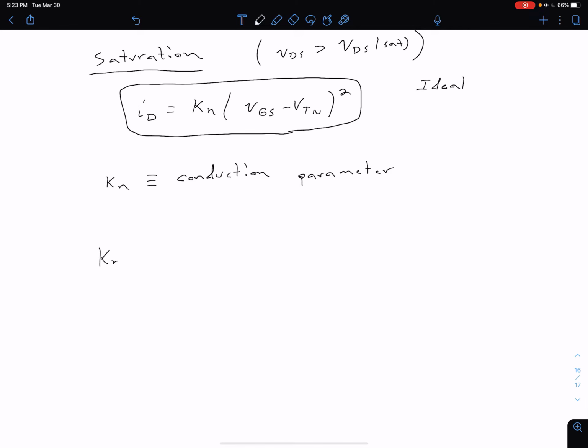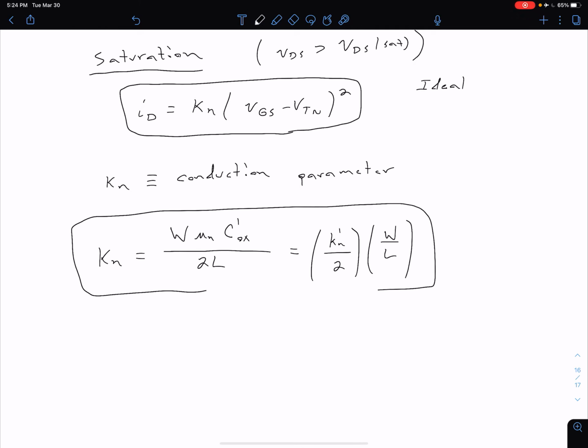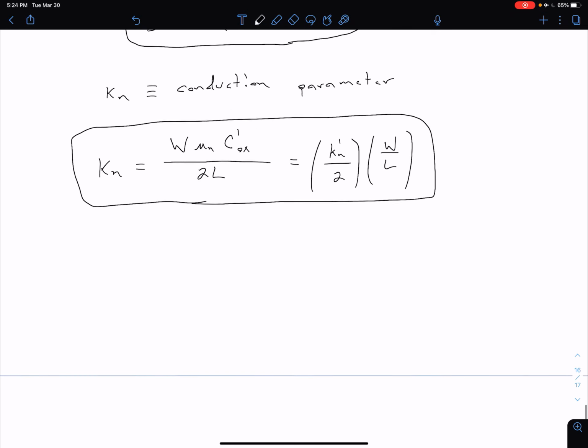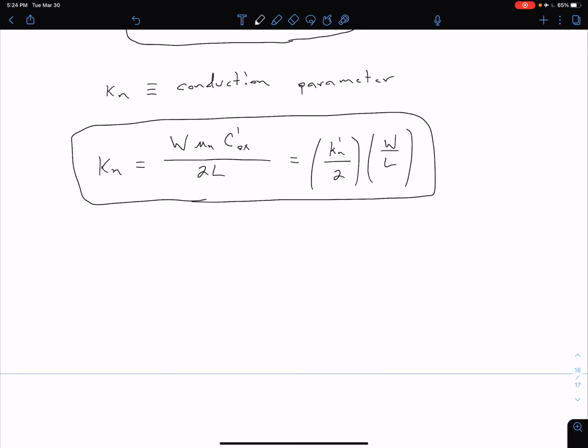Our capital K sub n is equal to W, the width of our channel, times mu sub n times Cox prime, divided by 2 times L. Oftentimes you'll see this rewritten as a lowercase k sub n prime divided by 2 times W over L. So let's define some things in this equation clearly, just to make sure everybody's on the same page.